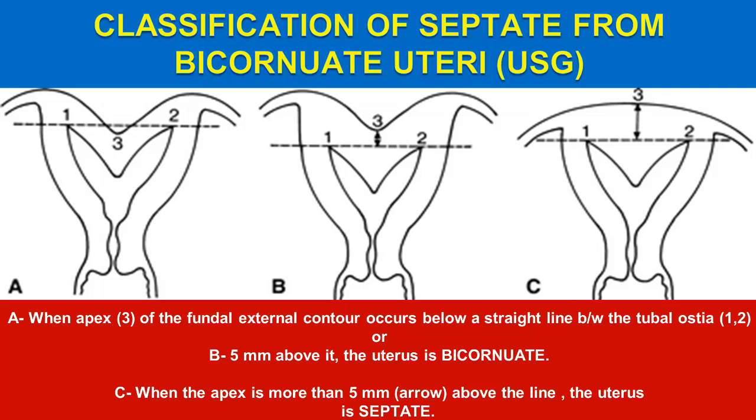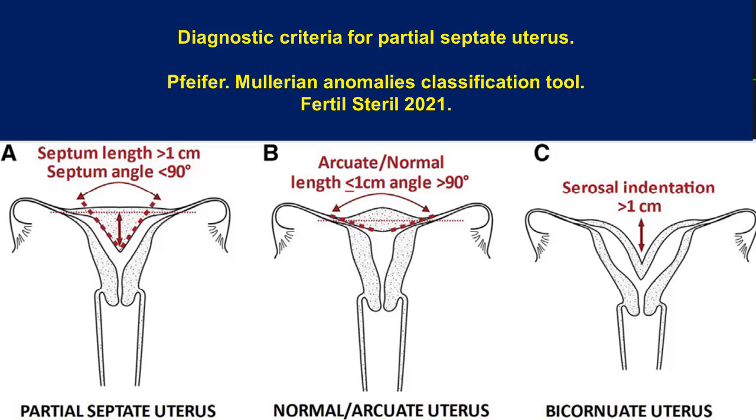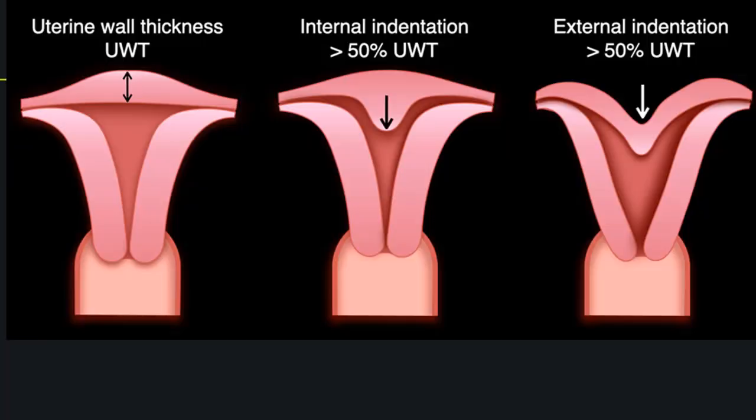Now, depending upon which classification you follow, remember one thing, ASRM always talks in terms of centimeters and ESG classification always talks in terms of percentage. Now, these are the various pictures which differentiate between the septum, arcuate and the bicornuate uterus. Now, the uterine wall thickness is measured about the interosteal or the intercornual line.